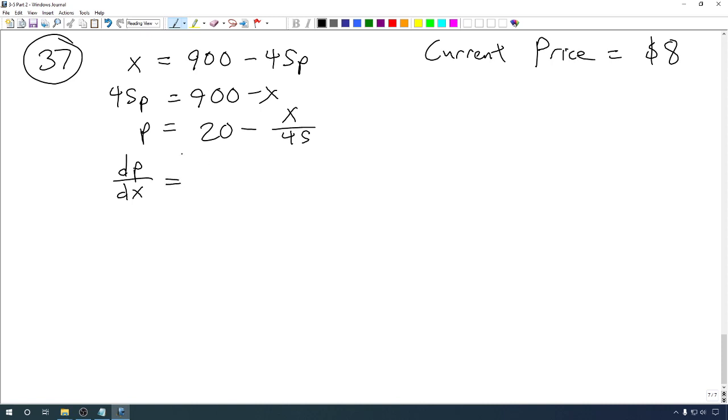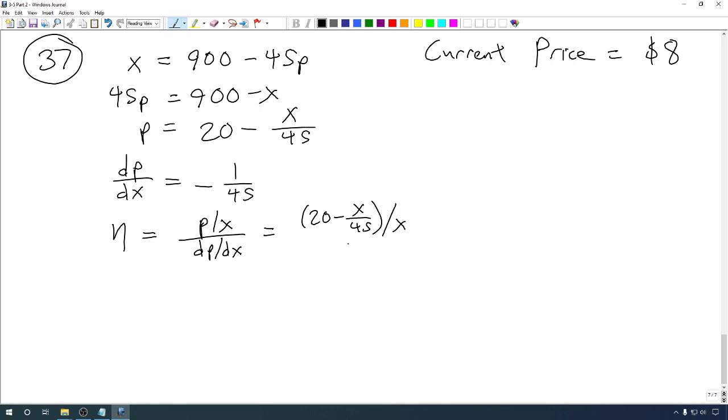Of course, when we differentiate p with respect to x, the 20 goes away, the x here goes away, and we're left with negative 1 over 45. Our elasticity of demand, eta, remember that the formula there is p over x over the derivative. p is this formula here. x is just x.